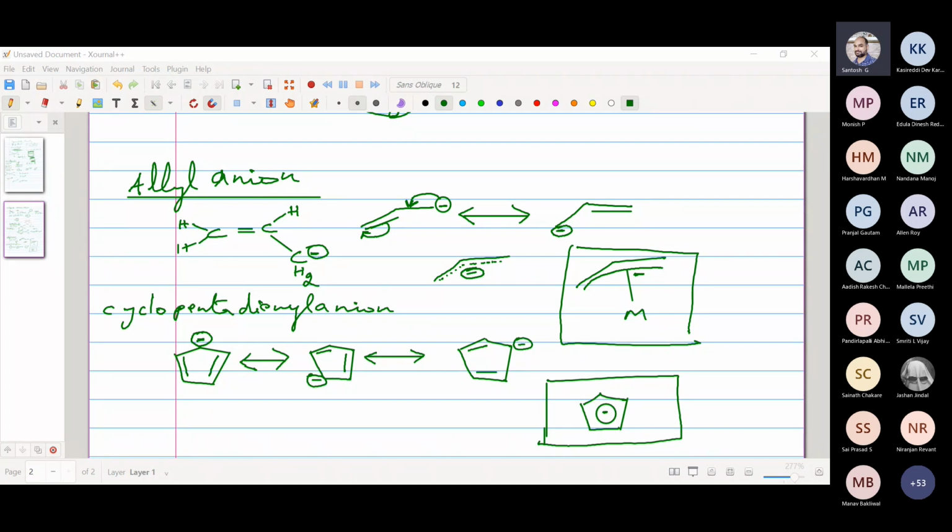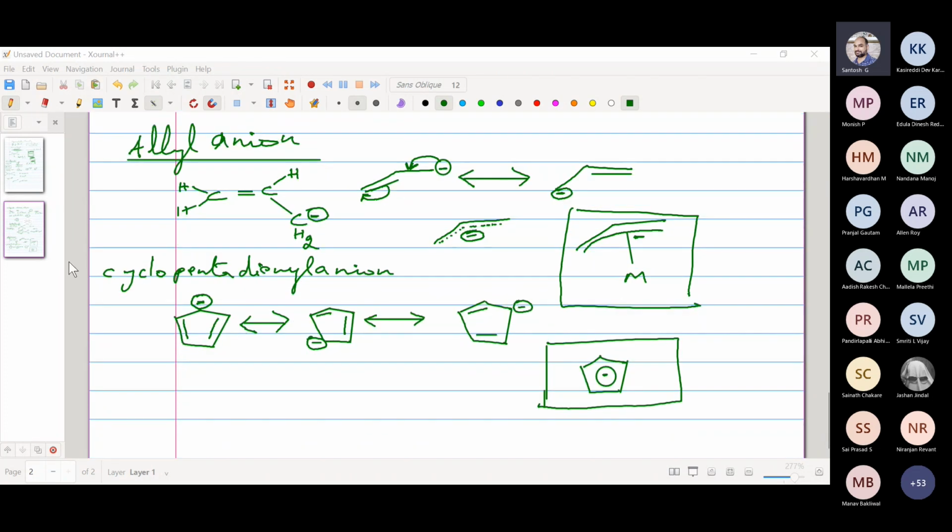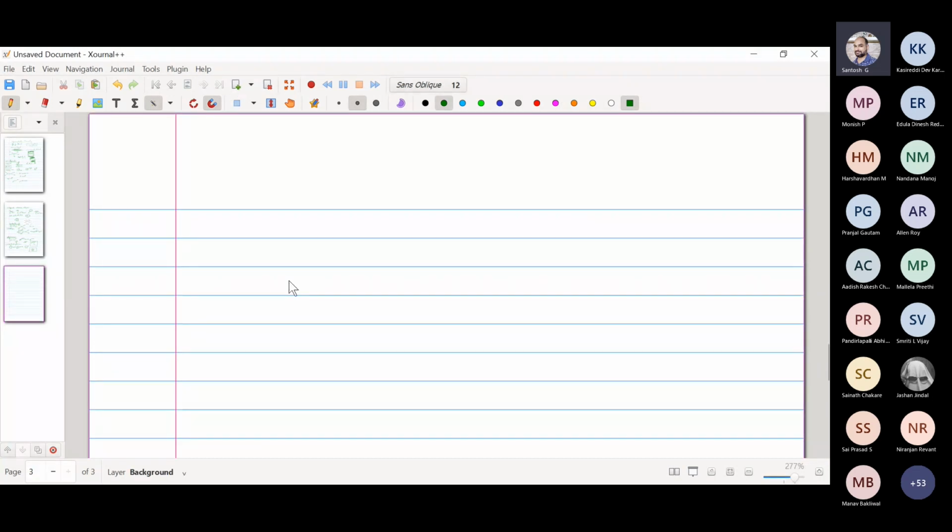Why do we need this electron counting? For the simplest reason. Okay, so let's come to electron counting in OM chemistry.